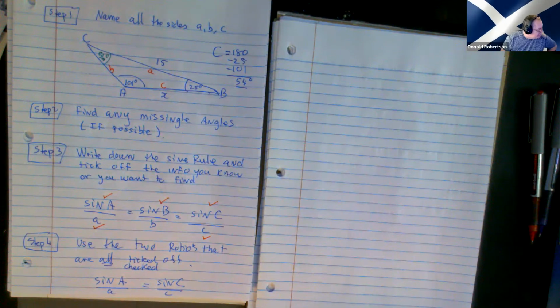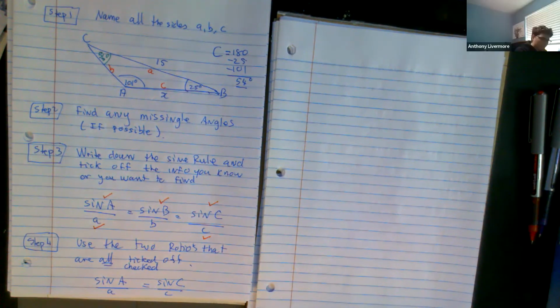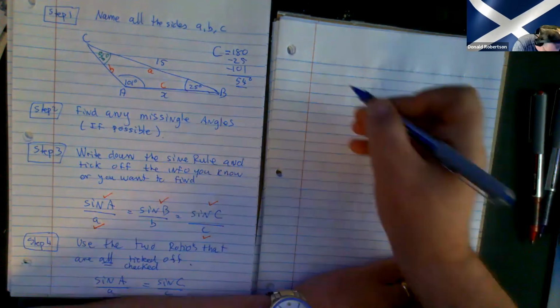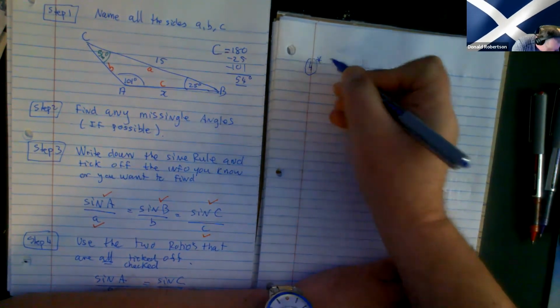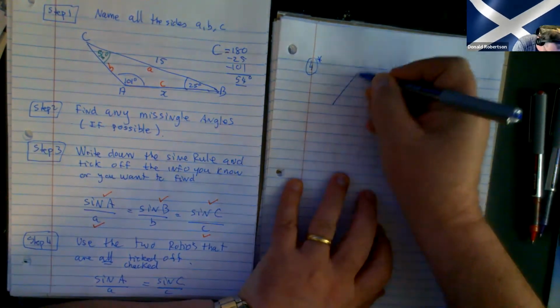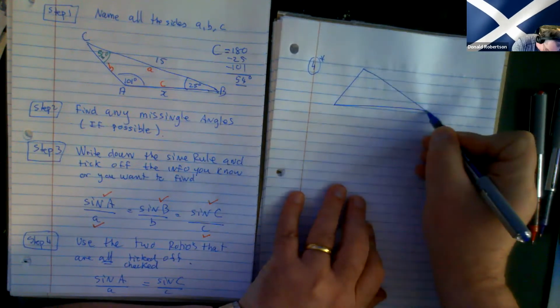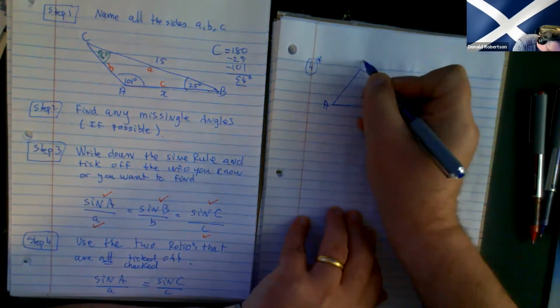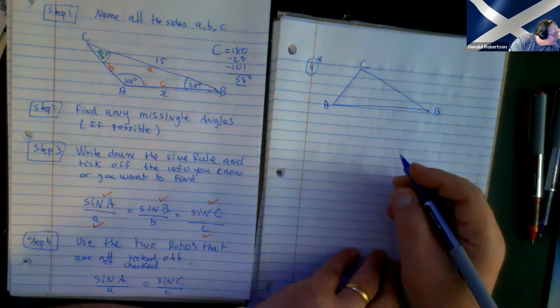So let's find a missing angle question. Okay, this is a version. And I've got a triangle. They don't have a lot of imagination, so most of the triangles are going to be called ABC.